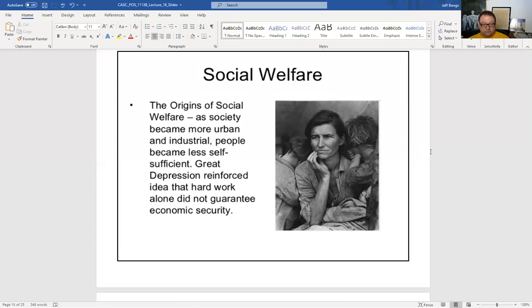And state assistance was not that substantial. There was still a strong ethos in our society about individuals taking responsibility for themselves. And so if you were poor, you primarily depended upon family and friends to help you.